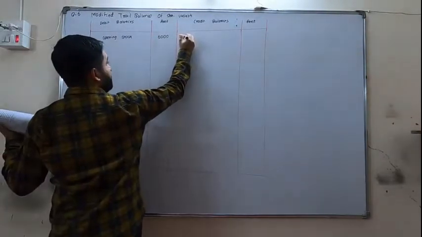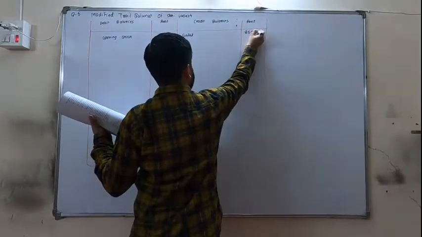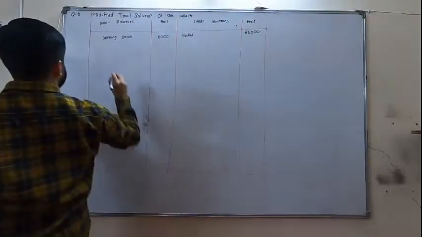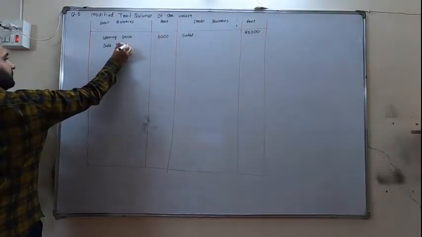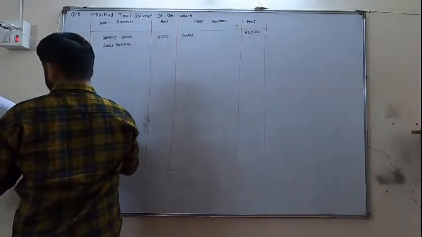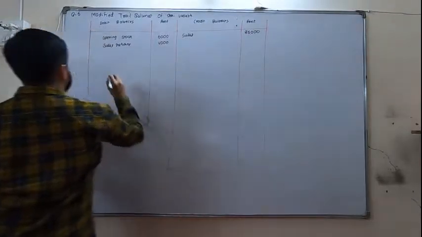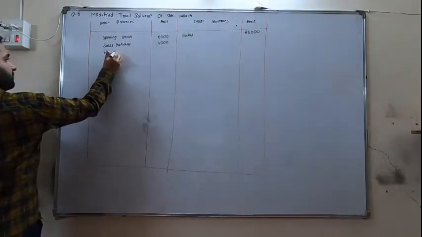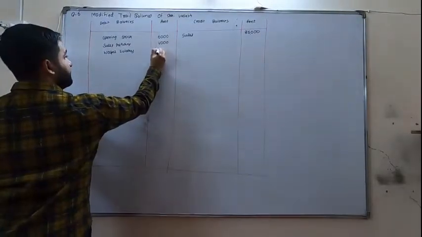Sales will be on the credit side, 86,000. Sales return will be on the debit side, 4,000. Wages salary will be on the debit side as it is an expense, 31,000.